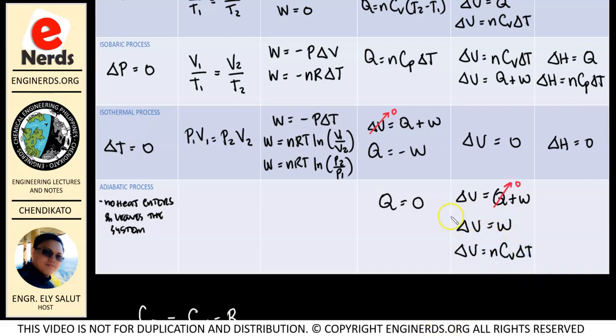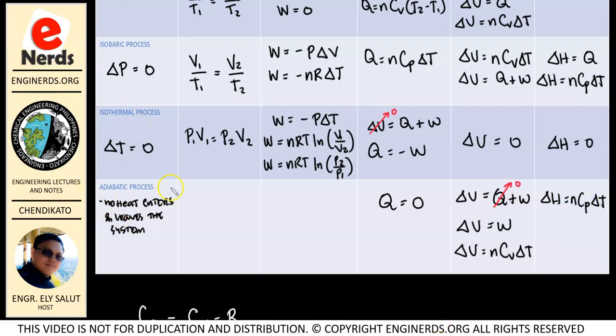So now, as you can see, our delta U is equal to W. So that means in adiabatic process, any work done is at the expense of internal energy, because our Q is equal to 0. And in this case, our delta H will still be equal to nCp delta T.